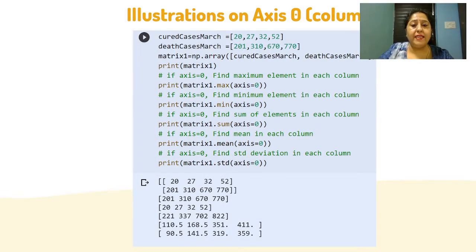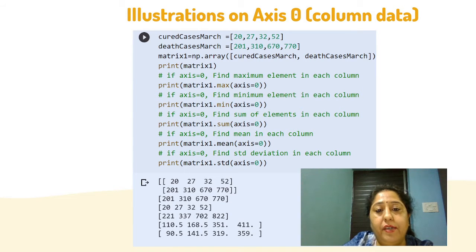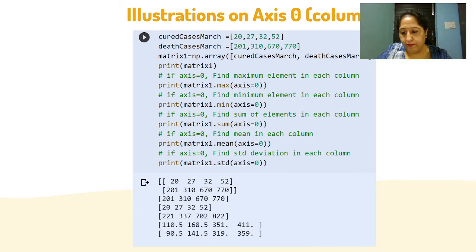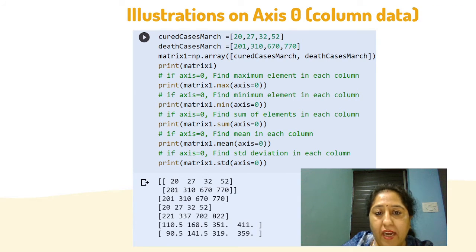Now, let us apply these functions to a two-dimensional array. First, we have two lists here. One is cured cases in March and another is death cases in March. We use the np.array function to create a matrix which we name matrix 1.